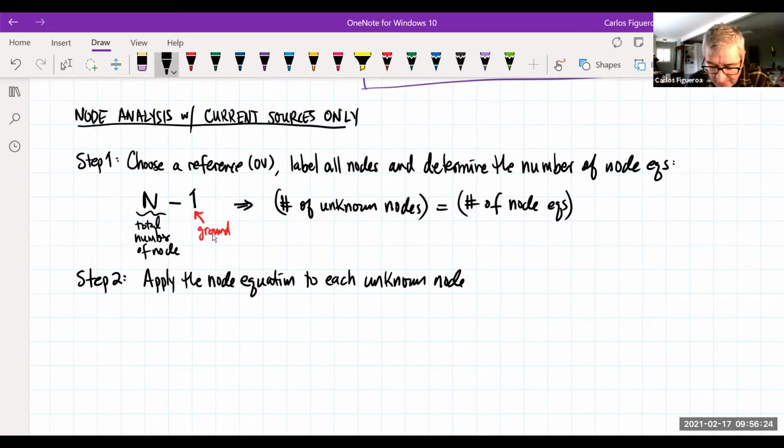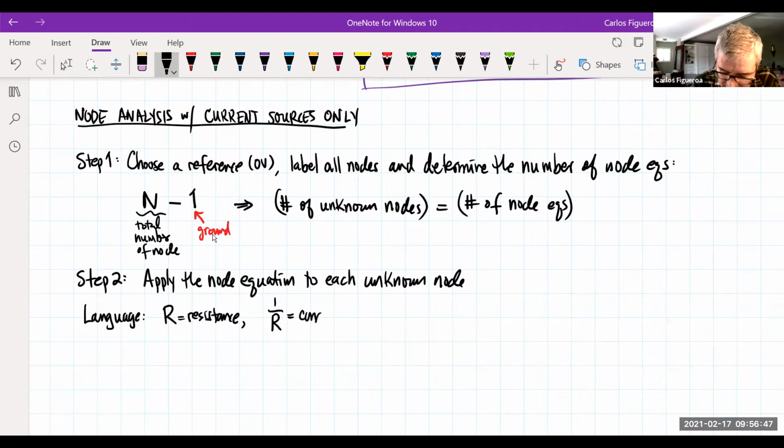Now, there's some language here that we should talk about. If we write R like this, this is called, of course, resistance. But 1 over R is not known as resistance, it's known as conductance. It's a conductance value.